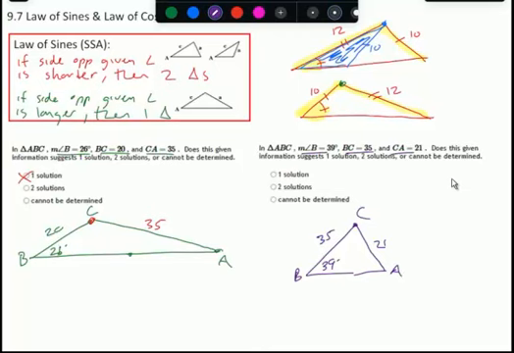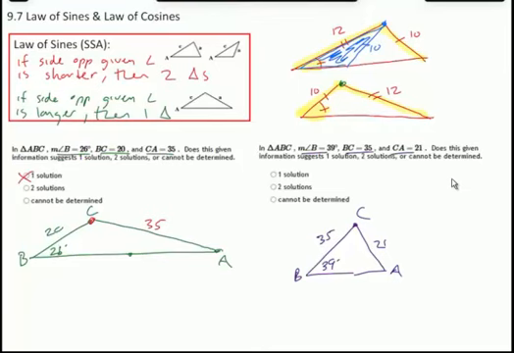So I can sketch that so it's exaggeratedly shorter. And when I do, I can see if I hinge this back, can I create a second triangle right here that is also a length of 21? Yes. And so here there are two solutions for that set of information. It all depends on whether the side opposite the given angle is shorter or longer. If it's shorter, there are two possible triangles. If it's longer, then there's one.